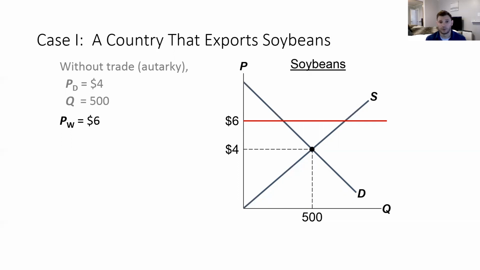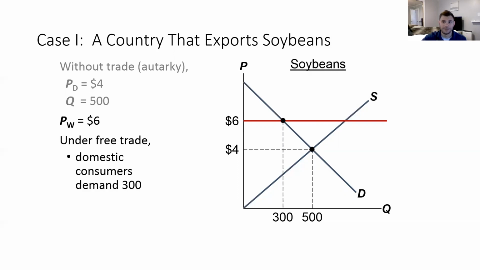Meaning no seller would ever accept a price lower than $6, such that, as a result, no buyer should ever expect to pay a price lower than $6. Okay, so all the trades are going to be made here at $6. Now, when we open up to free trade at this price, you'll notice right away that the quantity demanded and the quantity supplied are not the same.